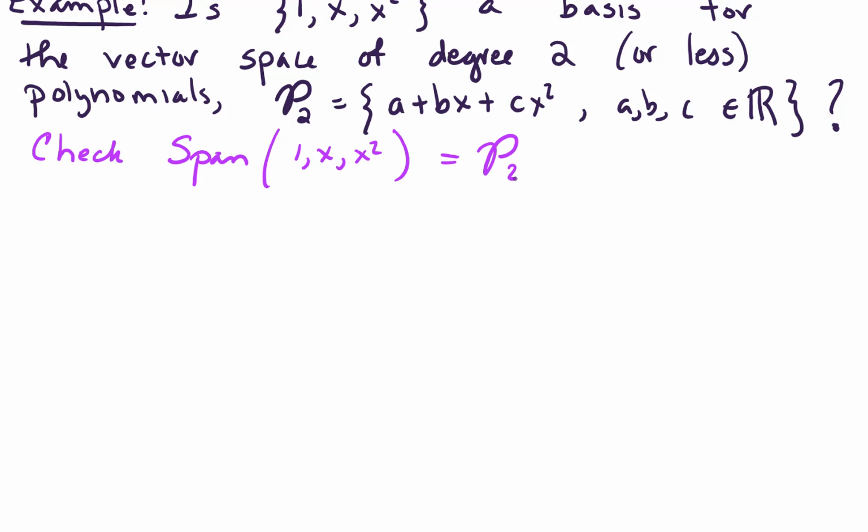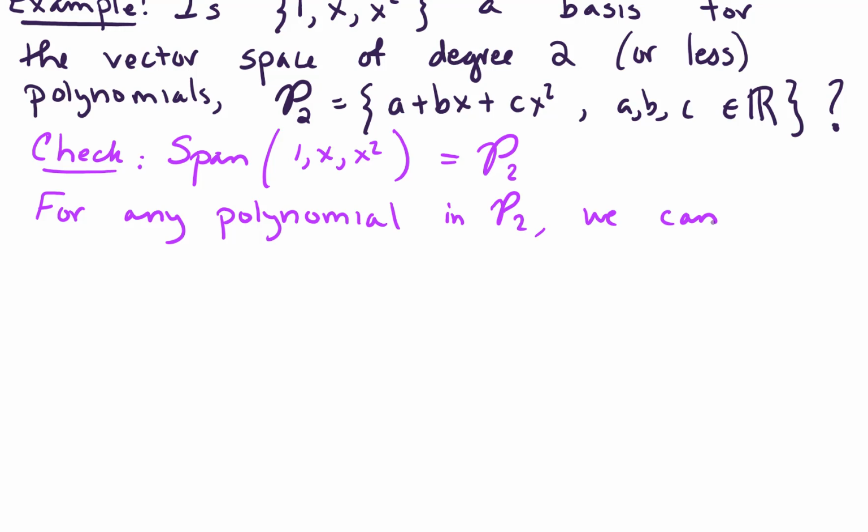In other words, we need to check that for any polynomial in P2, we can write our polynomial a plus bx plus cx squared as a linear combination.